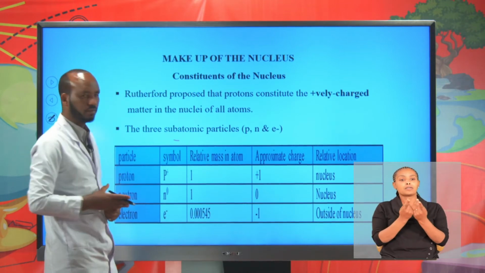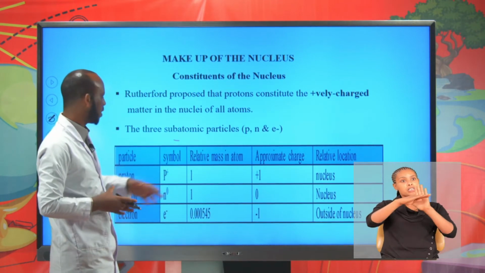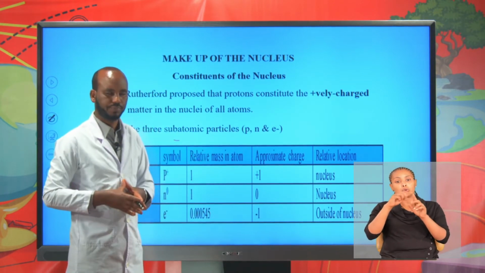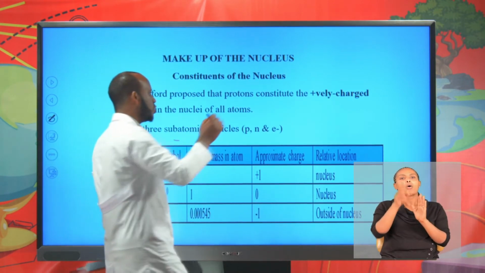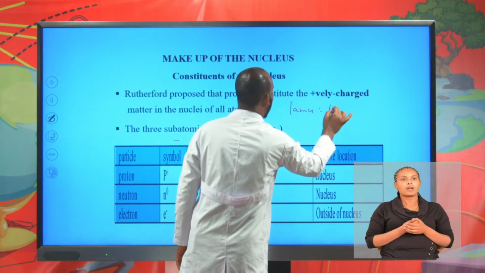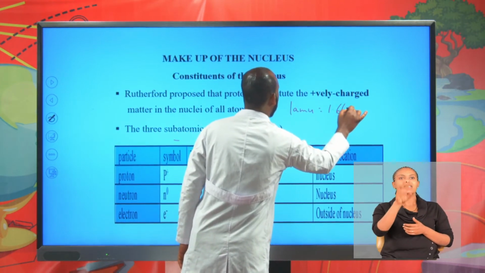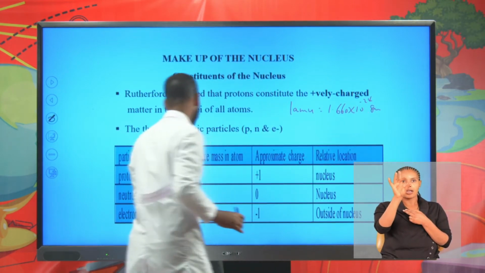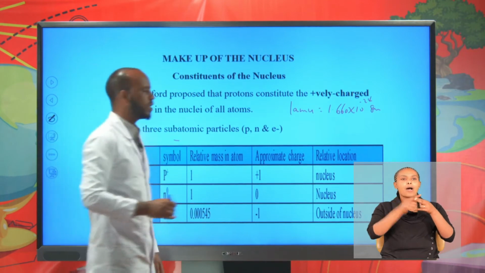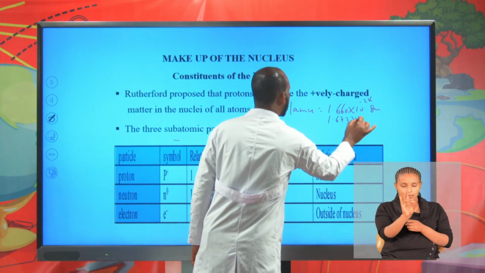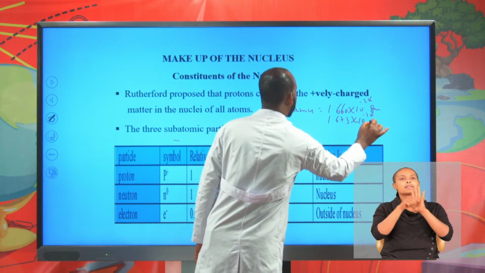Particle proton, symbol P+, relative mass in atomic mass units. Note that one atomic mass unit equals 1.660 times 10 raised to minus 24 gram. The actual mass of a proton is 1.673 times 10 raised to minus 24 gram.